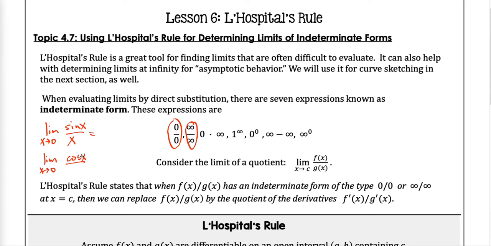If I take the derivative of x, I get 1. So L'Hôpital's rule says that these two limits are equal or equivalent. And it only works when your original one is indeterminate. And when we take the derivative, well, now I can plug 0 in. Cosine of 0 is 1 over 1. And the answer is 1.